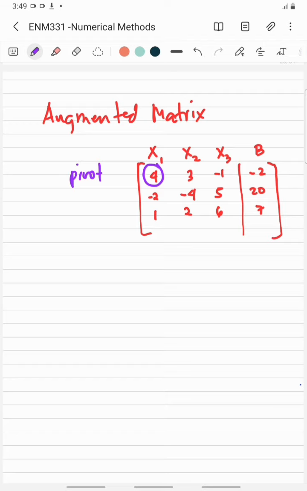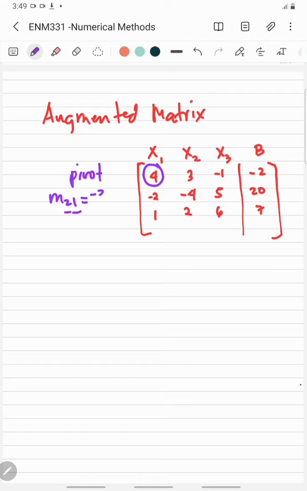Then we have to find the factor or the multiplier of row 2 and row 1. So we have here M21. Again, the first subscript is the number of the row where the element lies, and the second subscript designates the number of the column where the element lies. For M21, we get the multiplier of row 2 and row 1 to eliminate x1.